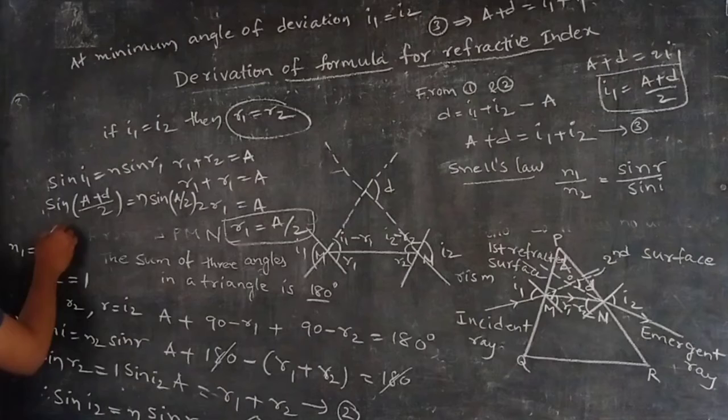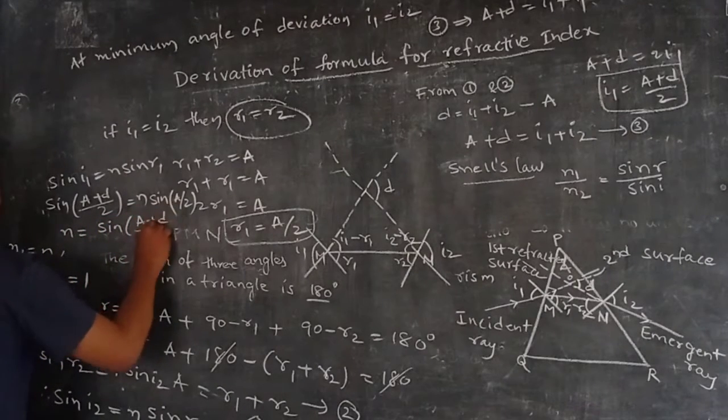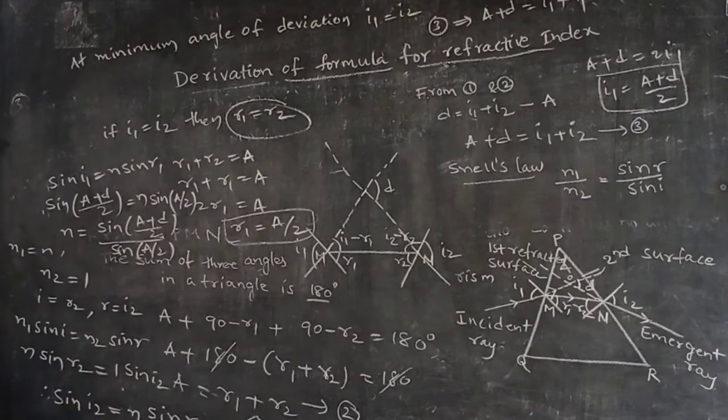So from this we find n by sin of (A plus D by 2) by sin of A by 2.